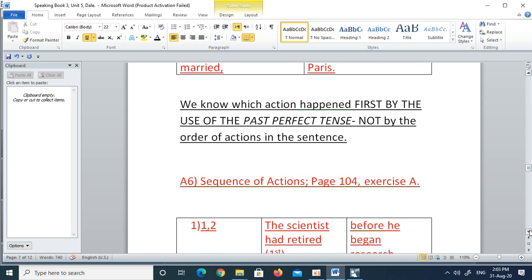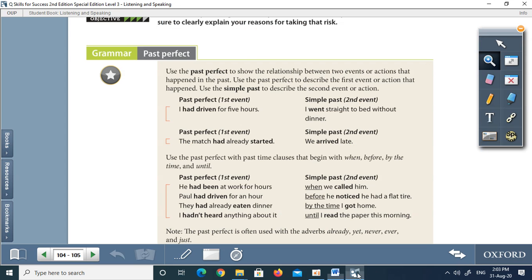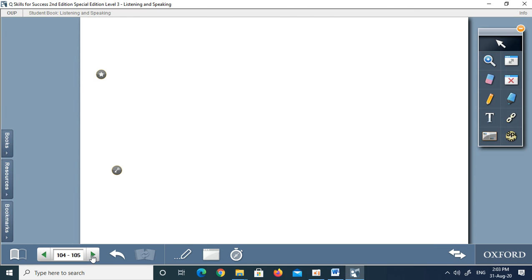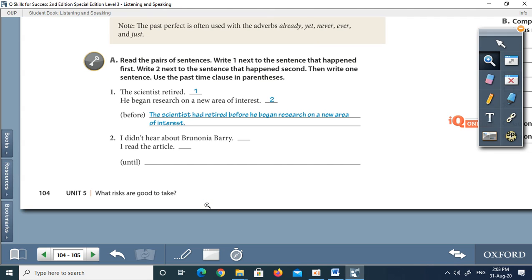All right. I need you all to have a look at page 104, and it is exercise A, which goes on to page 105. All right. What they want you to do is read the two sentences.